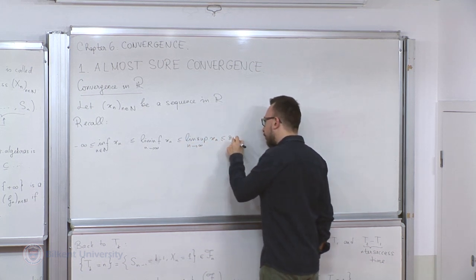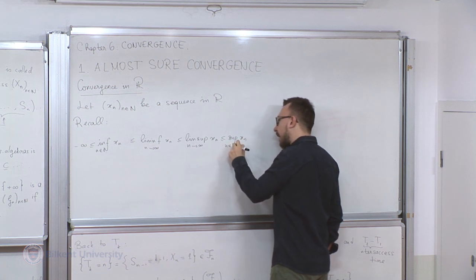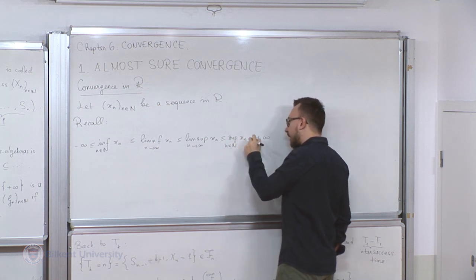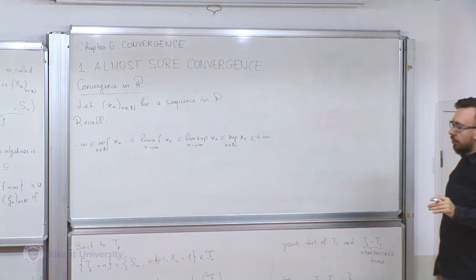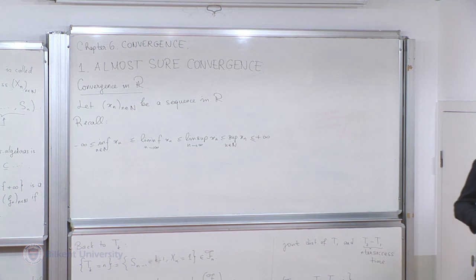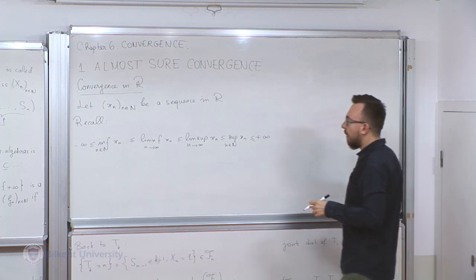And this is less than or equal to sup. And this is less than or equal to plus infinity, with possible equality. So although you have a real sequence, it can still have supremum equal to plus infinity. If it's an increasing sequence like 1, 2, 3, 4, and exploding, then the sup can be plus infinity.